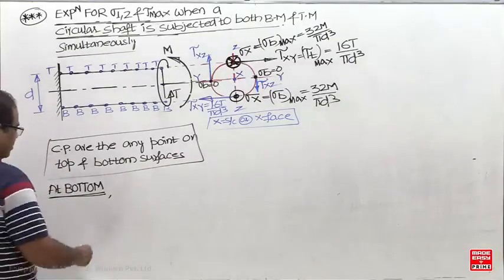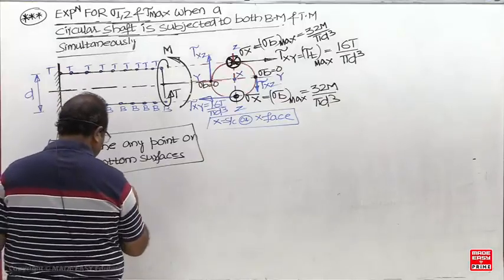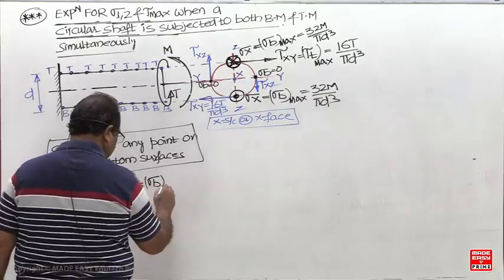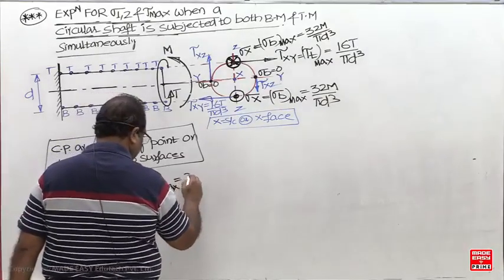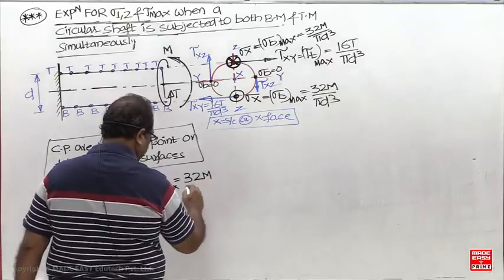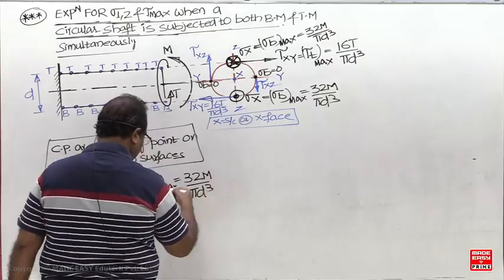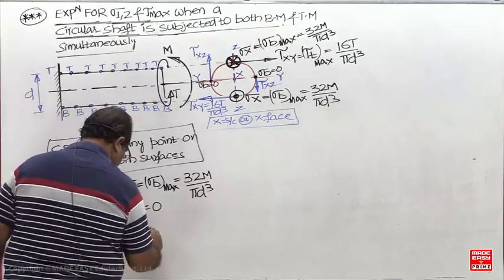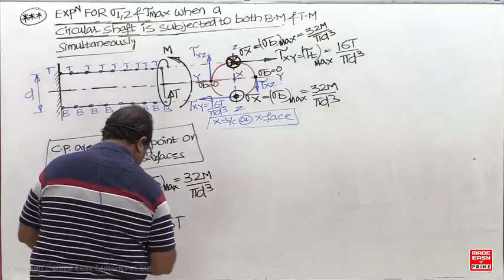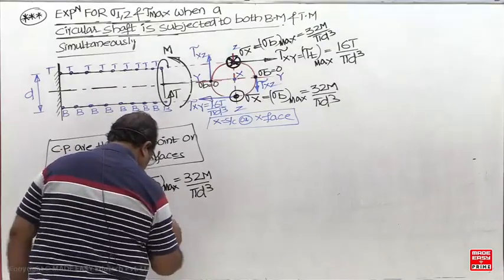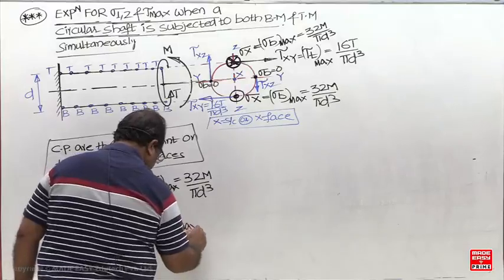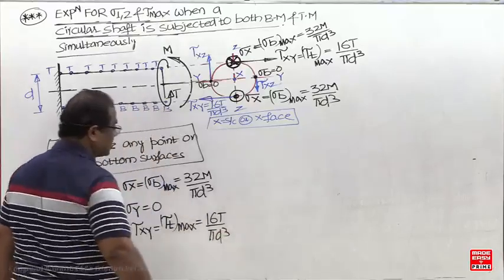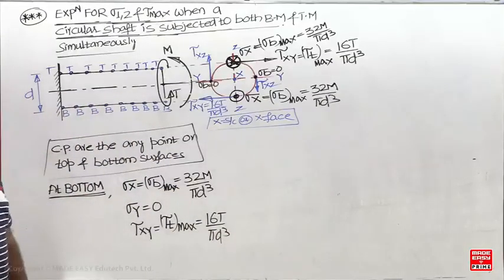I'm taking the bottom. Sigma x is 32 m by pi cube, and tau is 16 t by pi cube.